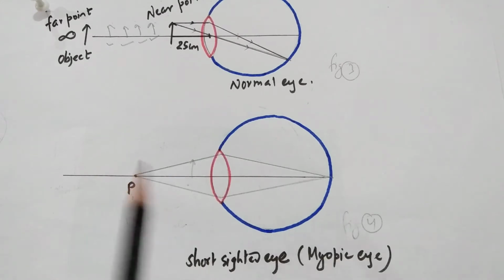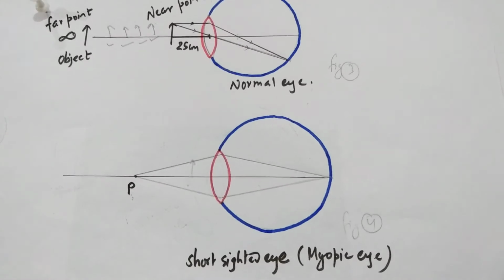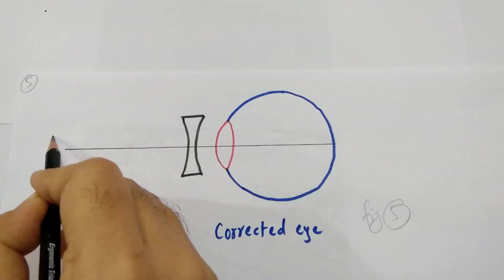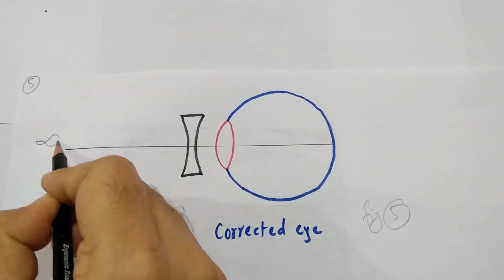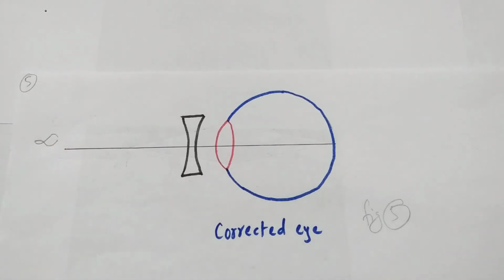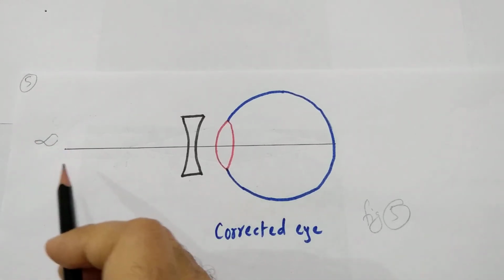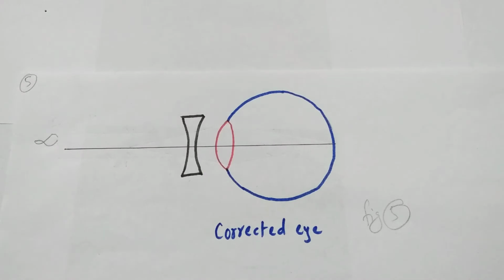Now let's see through a ray diagram how a concave lens corrects the problem. Now we will draw parallel light rays emerging from an object at infinity, because we wish to see an object at infinity.